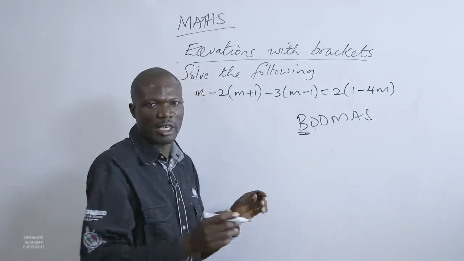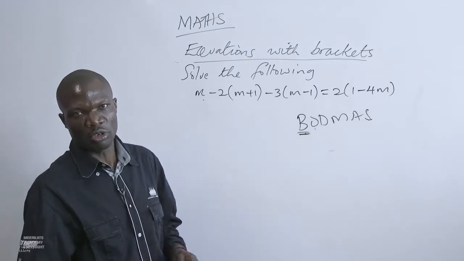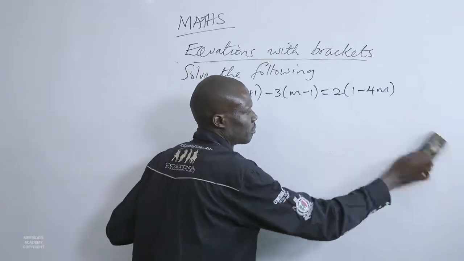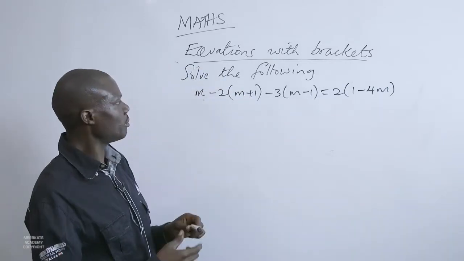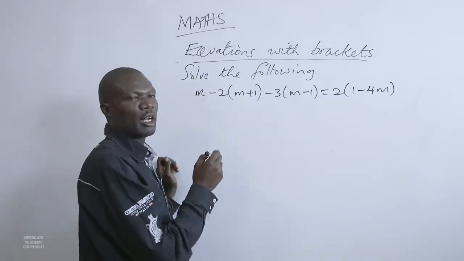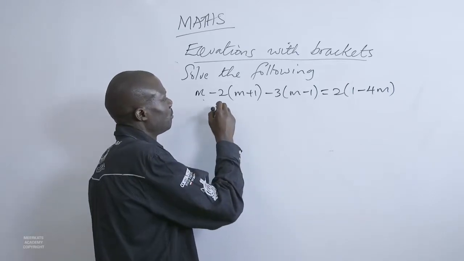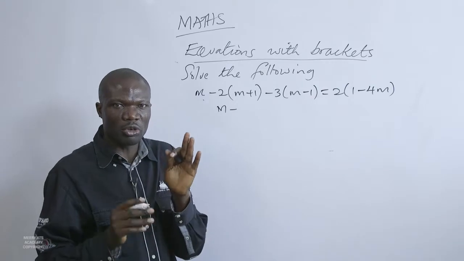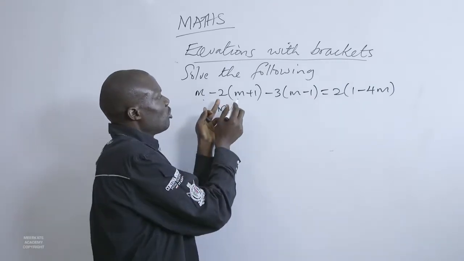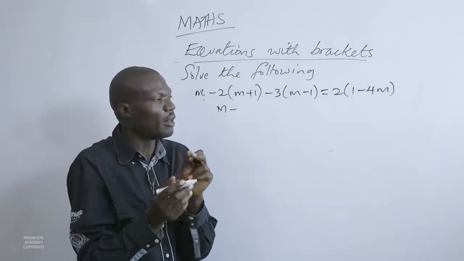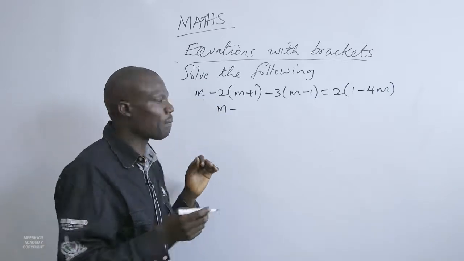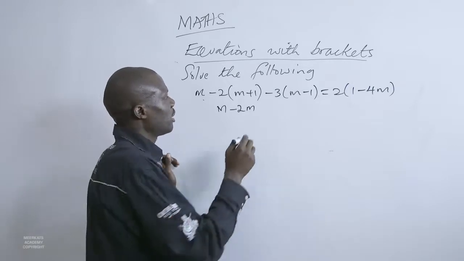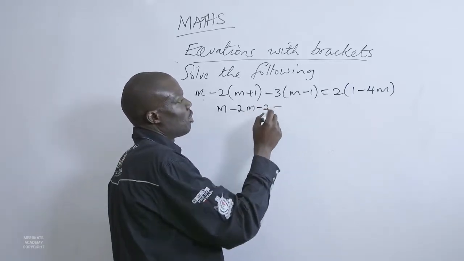Look for the brackets and start expanding those brackets. So I'll maintain m. Minus 2 times m, we are using the distributive law. So this minus 2 will go with m as well as with 1. Minus 2 times m is minus 2m. Minus 2 times 1 is minus 2.